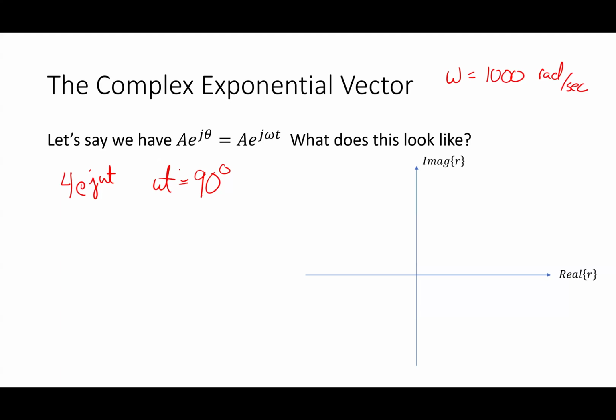What time would that be when omega t is equal to 90 degrees? How would I figure out that time when that happens? How do I calculate that, if this thing has a frequency of 1,000 radians per second?